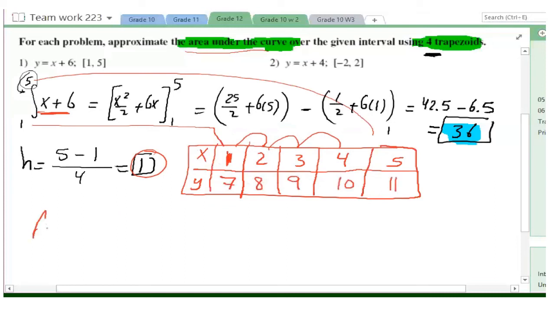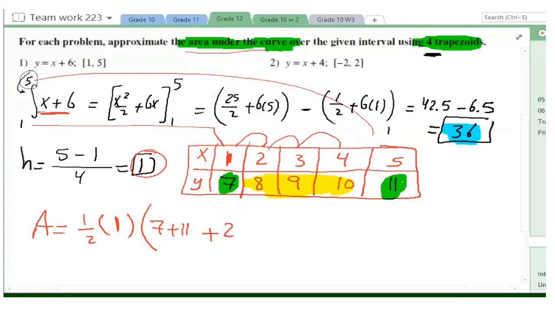Then I'm applying the rule. The area is half h, which is 1, times the first value of y plus the last value of y. So 7 plus 11, plus twice the sum of the rest of the values of y. So it's twice 8 plus 9 plus 10.